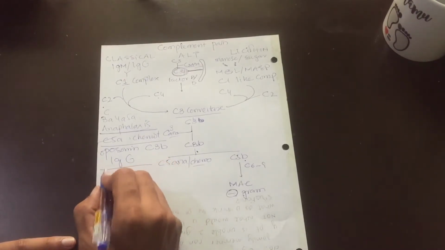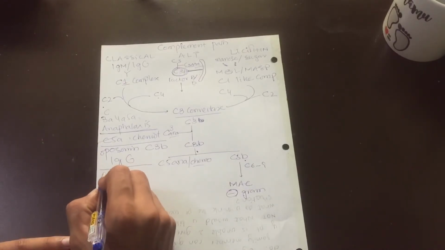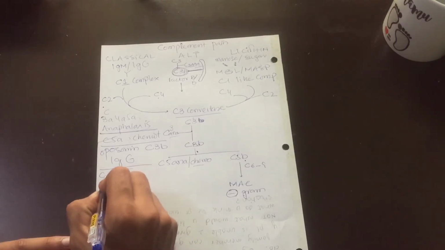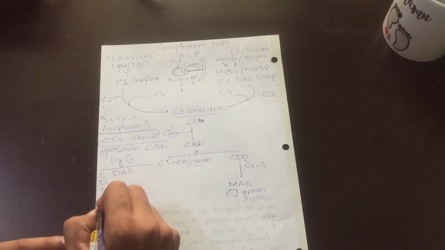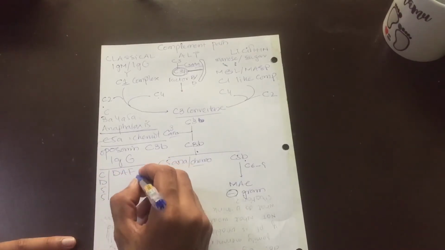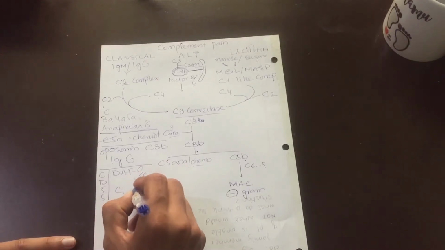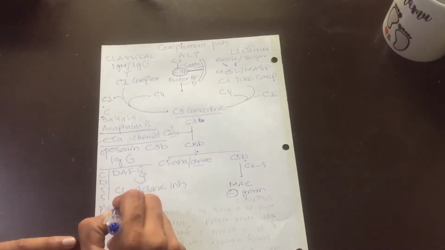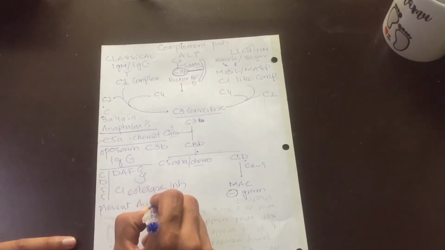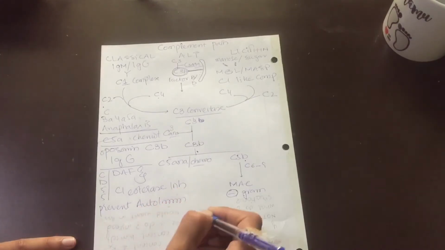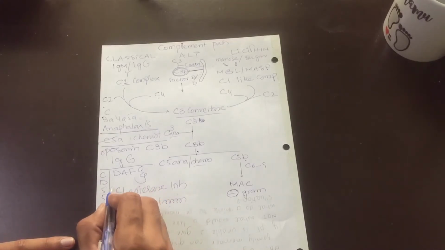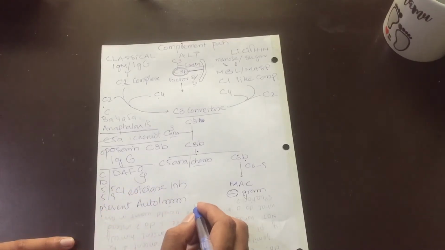Also, there are inhibitors for this pathway. The inhibitors are DAF or CD55, CD59, and C1 esterase inhibitor, which prevent autoimmunity, like the complement attack on the body's own RBC cells.